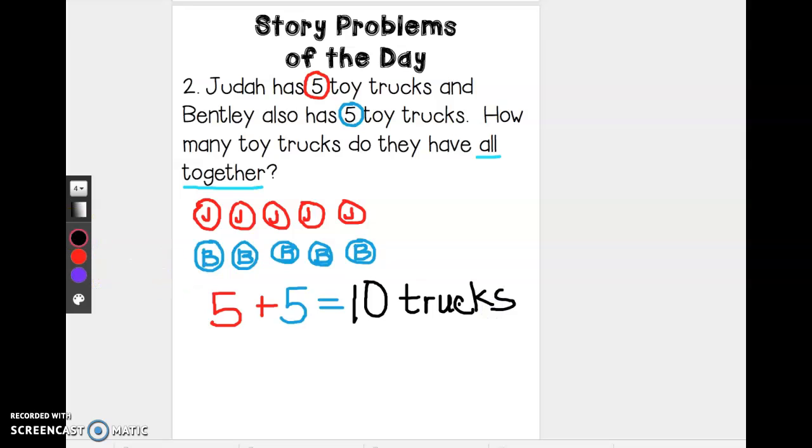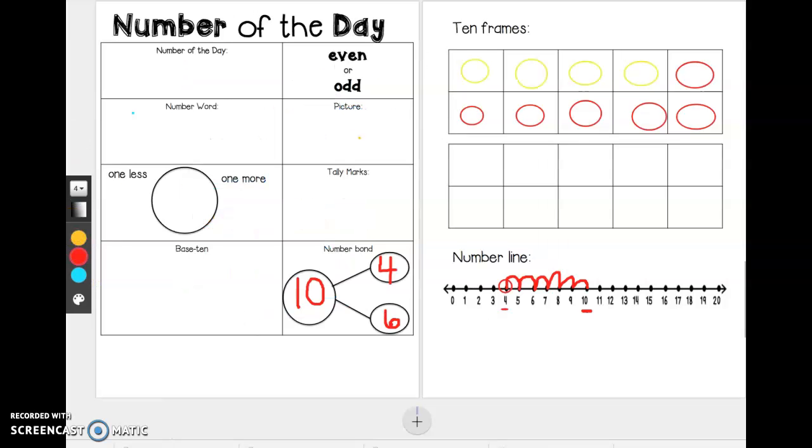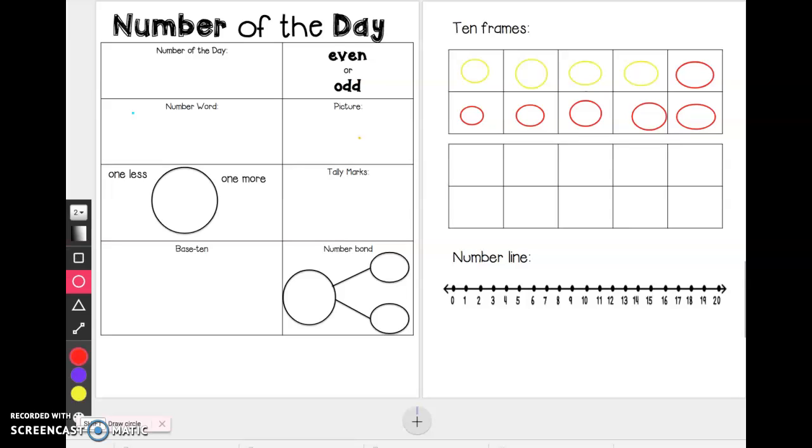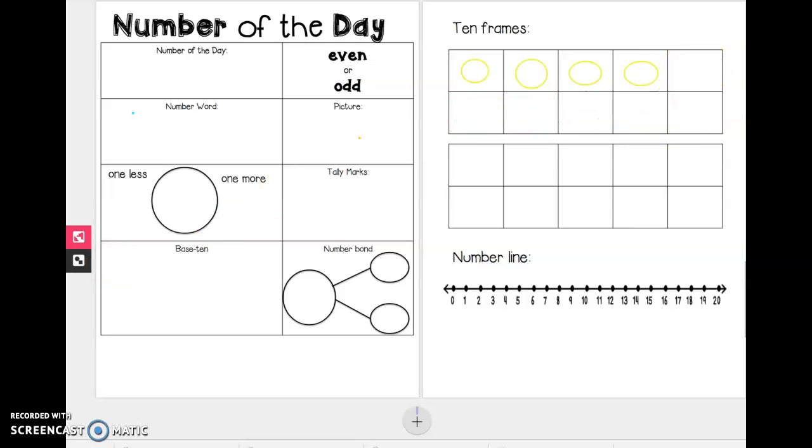All right, so we could also use our same number of the day paper to help us, couldn't we? So again, we could use our 10 frame first.